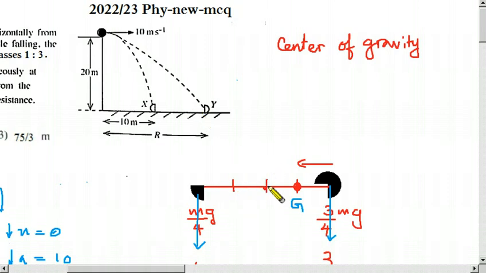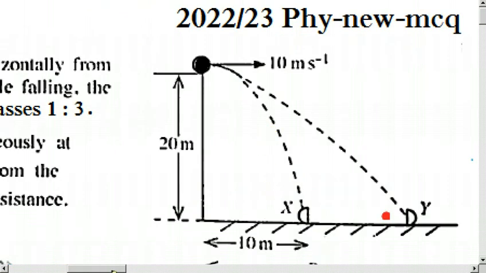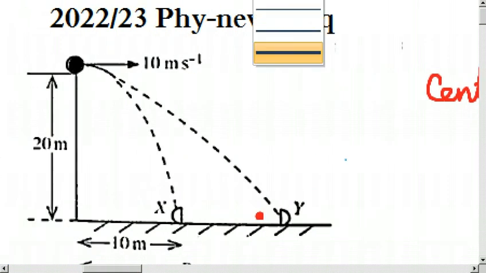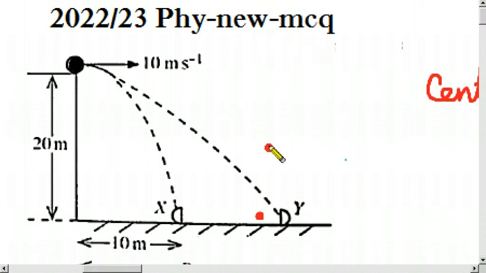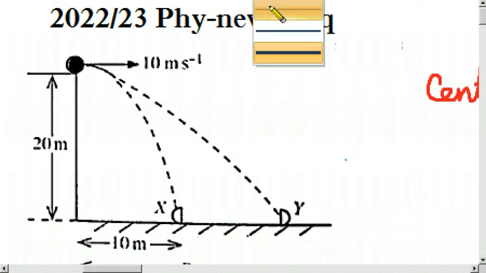So remember 1, 2, 3, 4. At the last piece, the center of gravity is somewhere very close to this one. So 1, 2, 3, 4 times. Understood? So this distance you have to divide into 4.